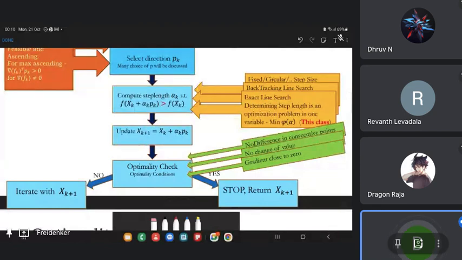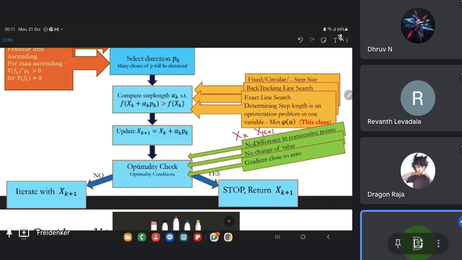So there are three conditions. What are those three conditions? If my xk and xk plus 1 are very close, then I can probably say that xk plus 1 is close to the minimum, in this case the maximum, since this is a maximization.